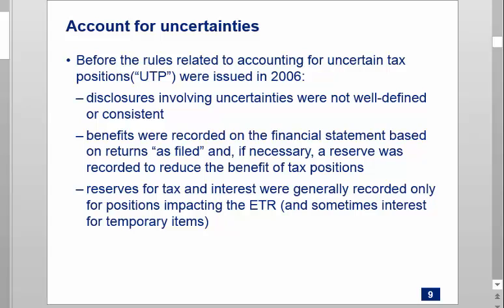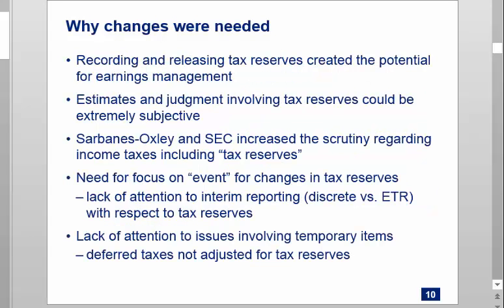There weren't rules to create the obligation to be transparent like that. And so new rules came out. It's been a long time now, but this is what was called FIN 48.